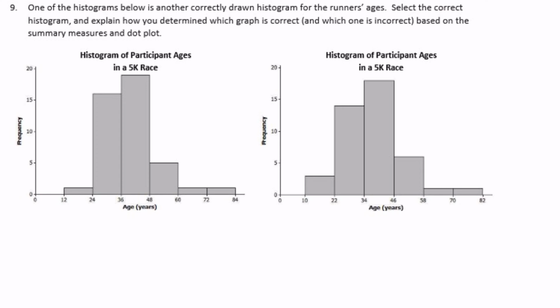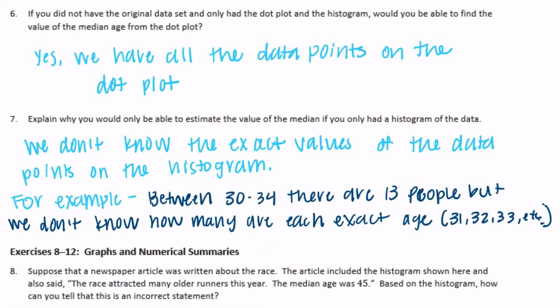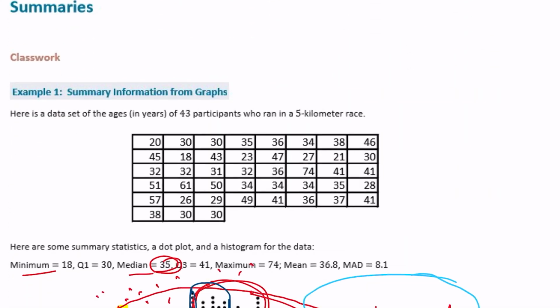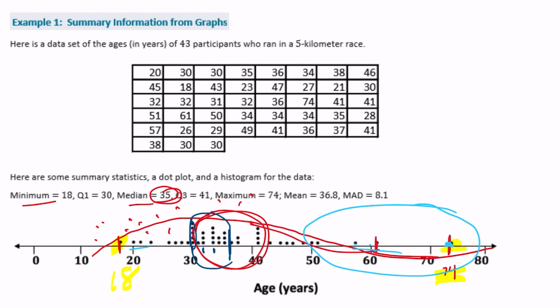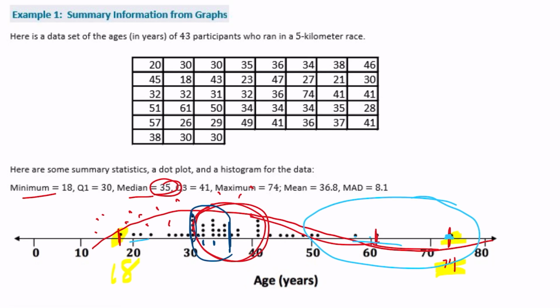So I noticed the age ranges, how these two differ. This one starts from 12 to 24, 24 to 36, whereas this one starts 10 to 22, 22 to 34. So I'm going to go back up to the dot plot and look at the age ranges, and I also have the histograms on another screen, so I can compare them.